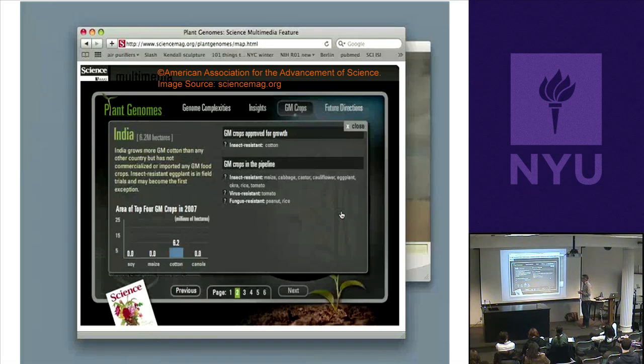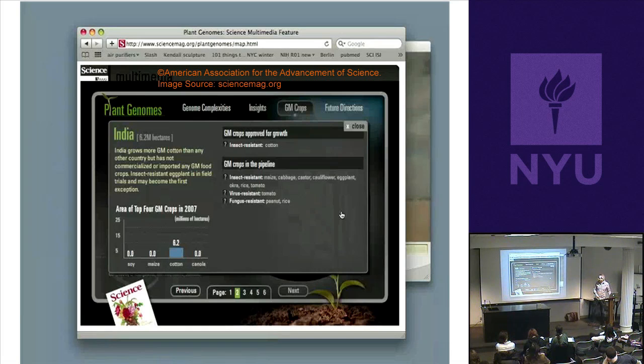And a couple of months ago, the Indian government actually decided to ban the release of the genetically modified eggplant, at least temporarily, until more research had been done, because they were not satisfied that the appropriate ecological impact statements and economic concerns had been met with regard to that.